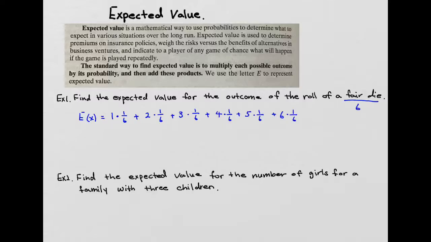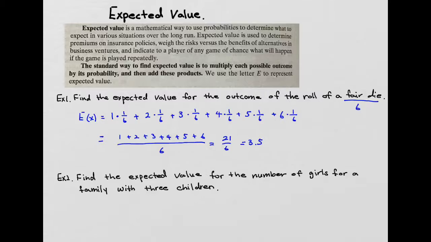When you multiply that, you're going to get on the numerator 1 plus 2 plus 3 plus 4, 5, 6, all over 6, which is 21 over 6, that's 3.5.